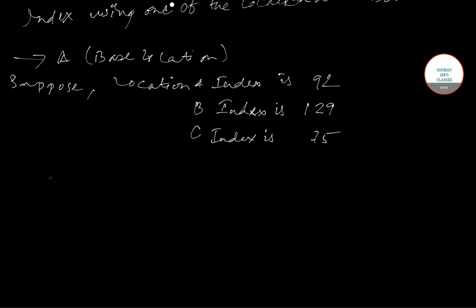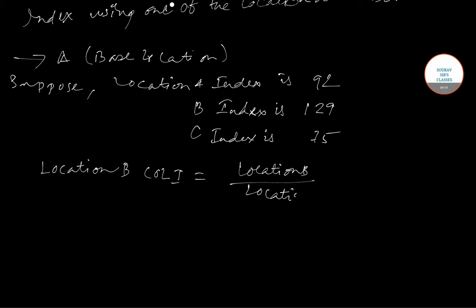Then for location B, cost of living index will be location B divided by location A times 100, which is 129 divided by 92 times 100, which is 140.2.